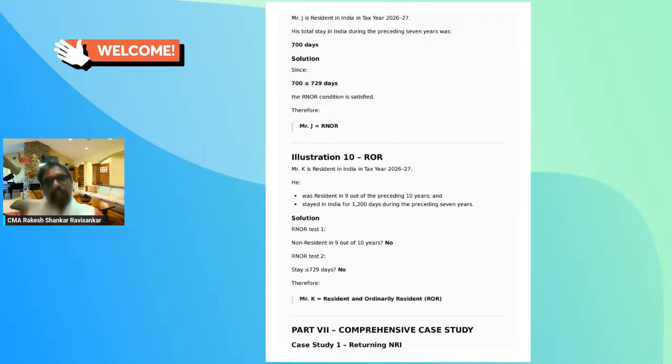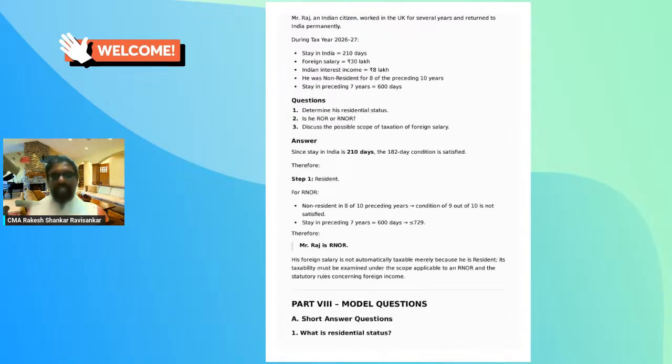He has not been a non-resident in 9 out of 10 years; he was a resident, so no. Again, the second test is whether he has stayed for less than or equal to 729 days. No. So Mr. K is a resident and ordinarily resident. So automatically this condition becomes valid.